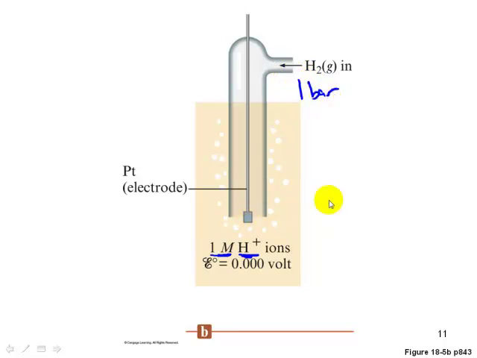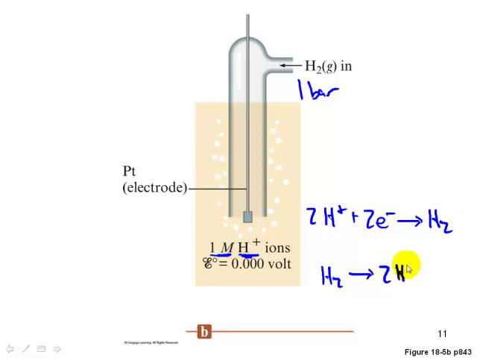At the surface of this electrode, here's what happens: we take H plus ions, and these combine with electrons, and they are reduced to hydrogen gas. Or it can happen that the opposite reaction occurs, so that hydrogen gets oxidized to H plus and 2 electrons.